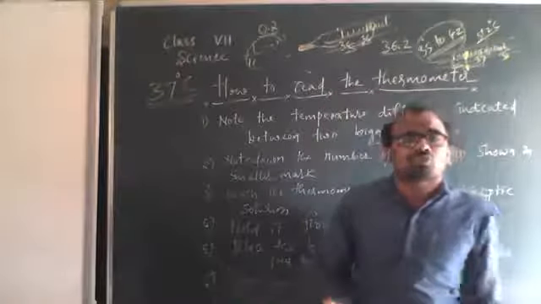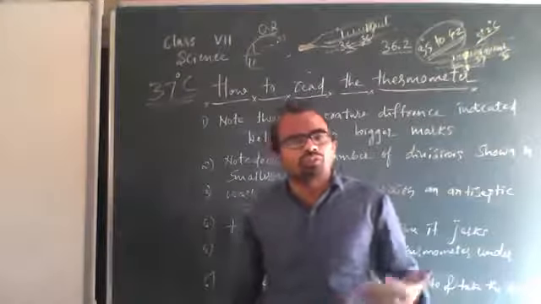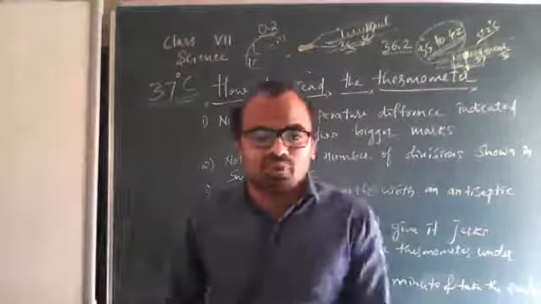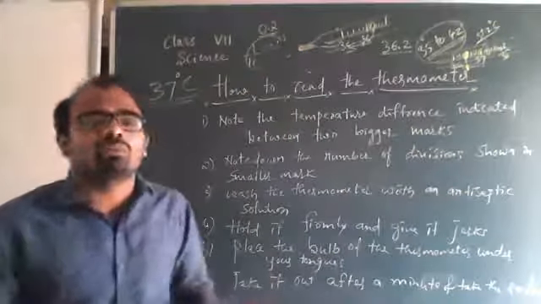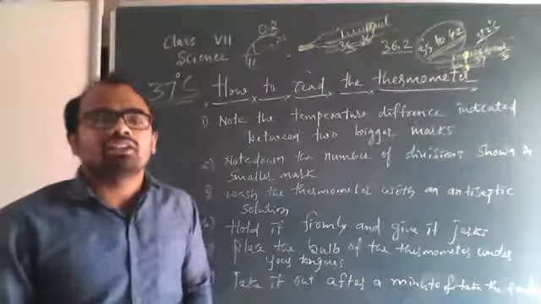Up to that much is okay. If you are having a fever, it may be up to 40.5 degrees Celsius also. So it is nearly 37 degrees Celsius. We consider the average normal human body temperature as 37 degrees Celsius.